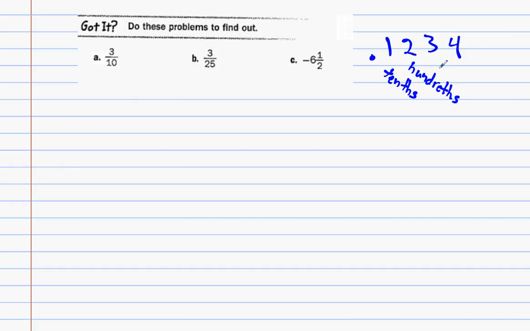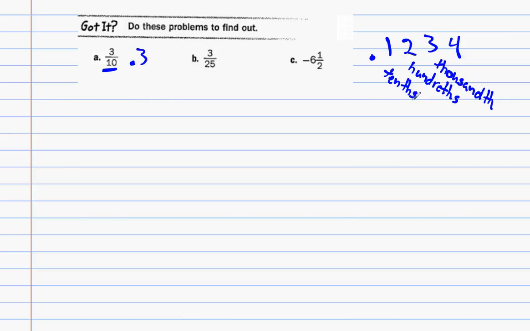And then going on, thousandths, and you get the idea, ten thousandths, hundred thousandths, and so on. So if you can get a fraction written in a way that you can read it using one of those, like 3/10 is literally just 3 tenths, where 3 is in the tenths place.